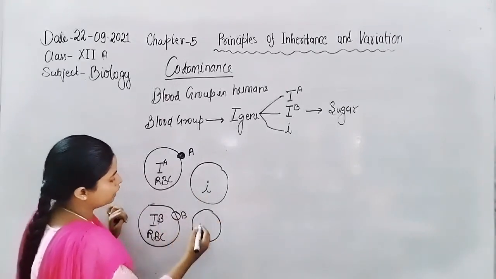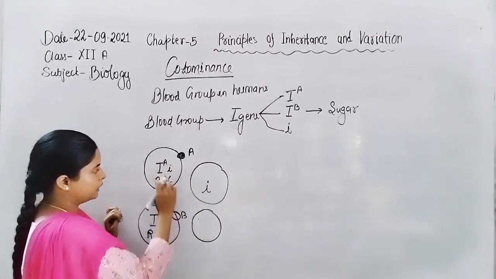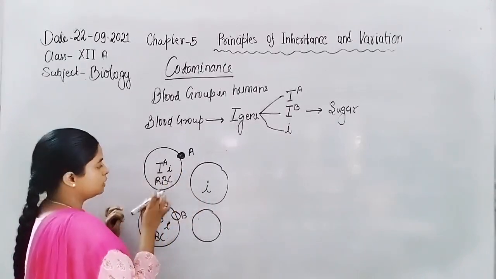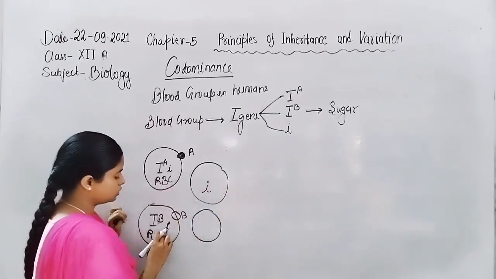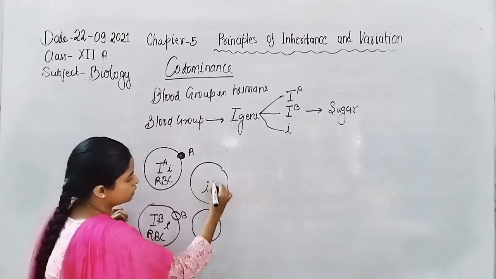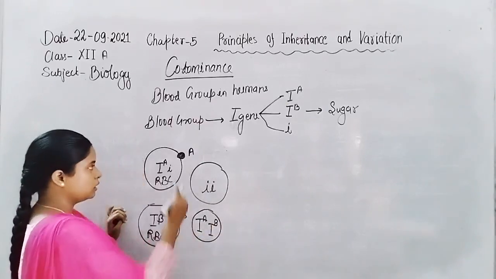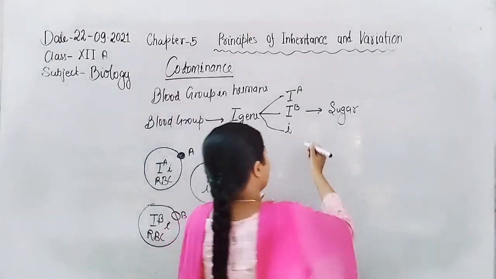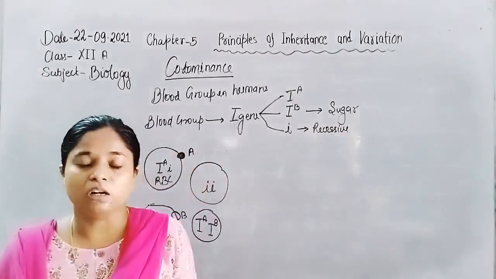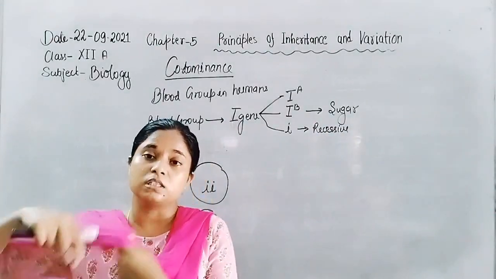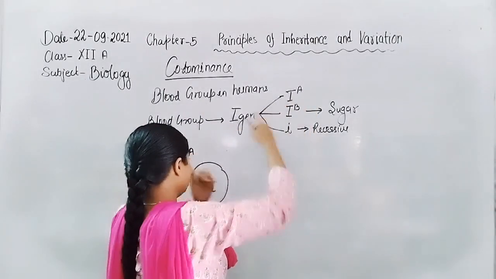Now, for example, I will take the second allele as small i to make this easier to understand. If I A and I B are present with small i, small i is the recessive allele, because in its presence no sugar is synthesized, whereas capital I A synthesizes A type of sugar and I B synthesizes B type of sugar.